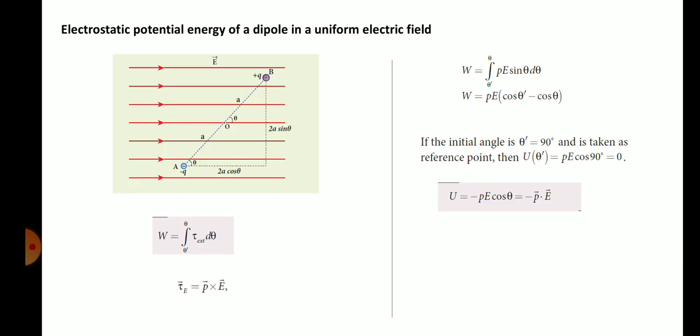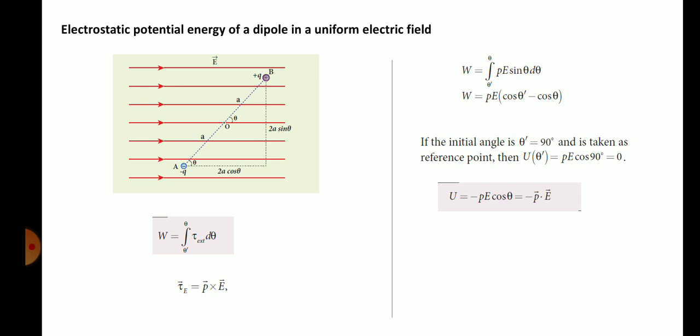The next topic: electrostatic potential energy of a dipole in a uniform electric field. What happens when a dipole is placed in a uniform electric field? How much potential energy will be stored? In a previous class we discussed the torque experienced by a dipole in a uniform electric field.